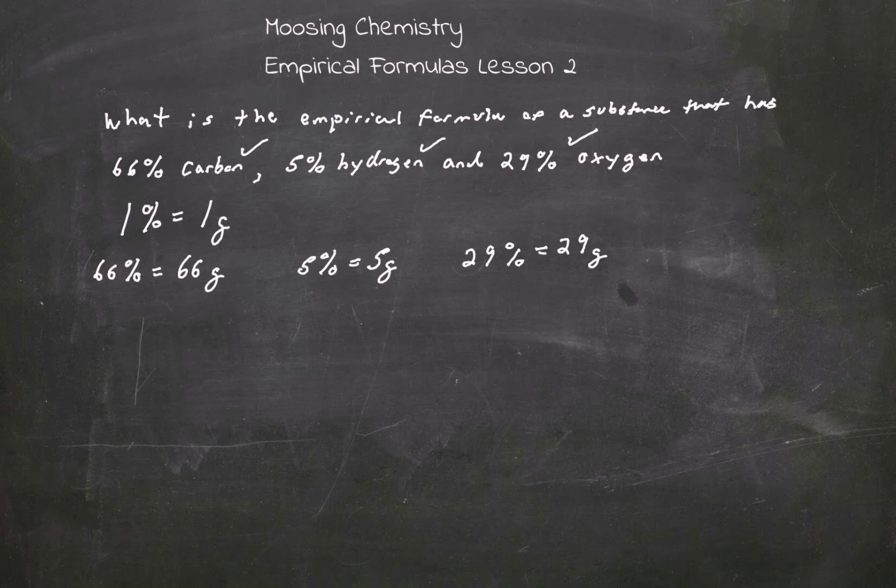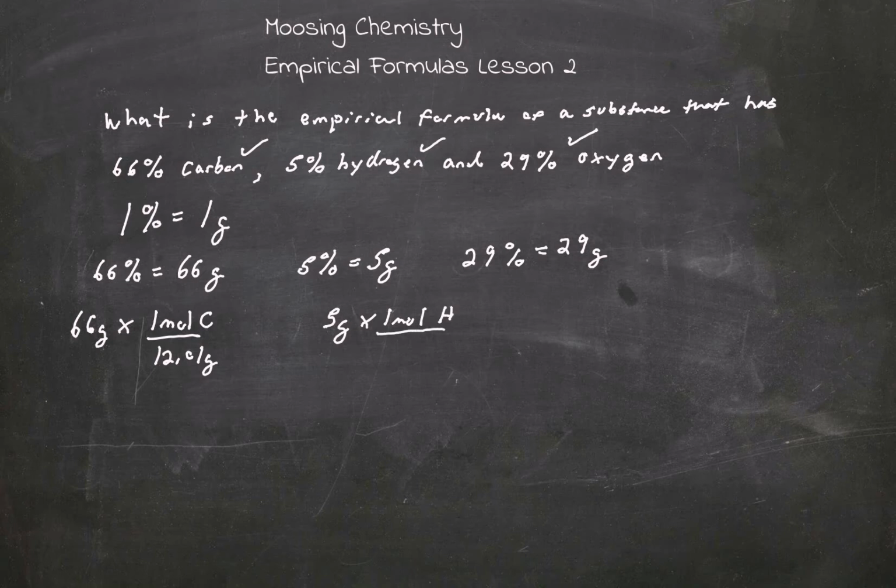Okay, so now we want to convert grams into moles, because remember that when we figure out a chemical compound, it's in the simplest whole number ratio with moles, not grams. So we're going to go 66 grams times 1 mole of carbon divided by 12.01 grams. Here we're going to take 5 grams times 1 mole of hydrogen.